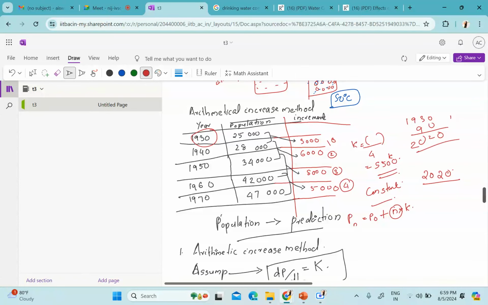Yes, 2020. So if it's 90 years, and a decade means 10 years, then you divide by 10 and you get 9. So you take 9 as the nth value. Got it?